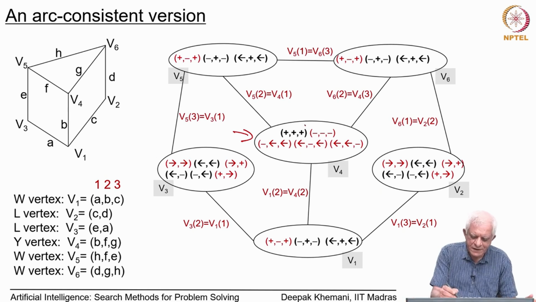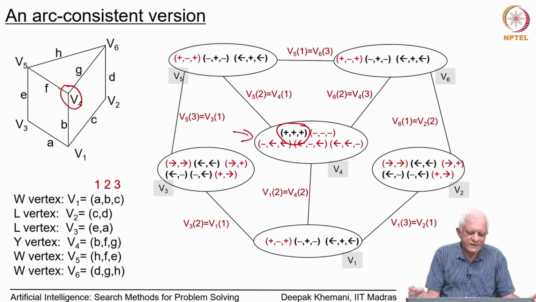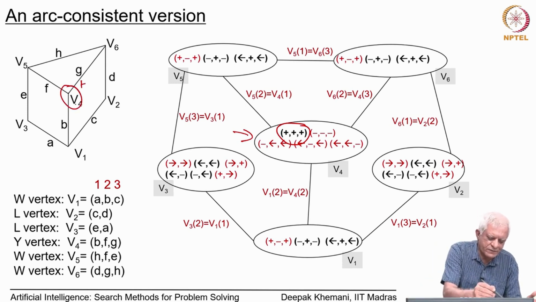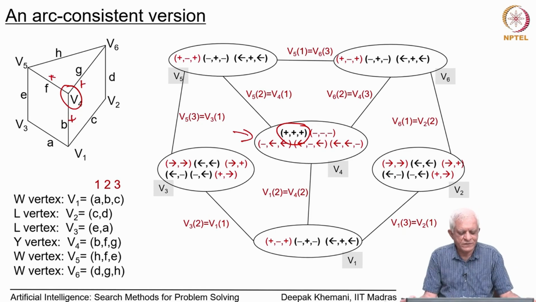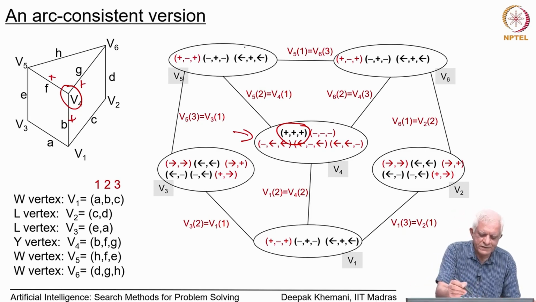So, for example, for this vertex, which is vertex V4, we can only say that all the three values are positive and there is no other consistent value of assignment. Whereas, if you look at V5, we have given two options here.